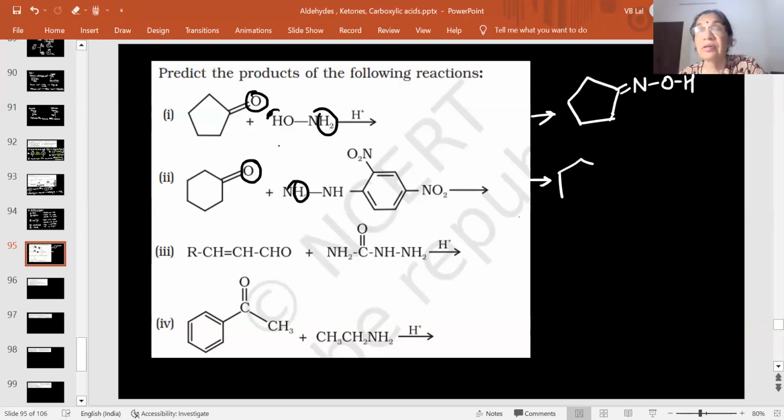You will get this double bond N, NH and the rest of the compound. Here NO2 and here NO2.